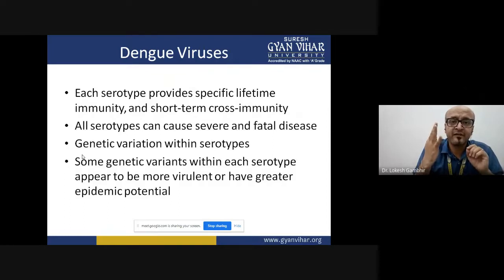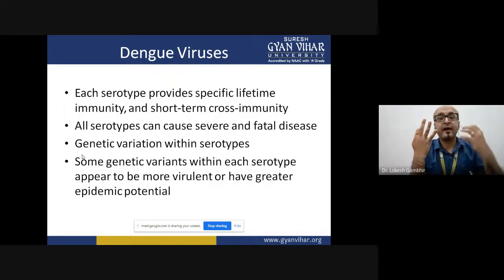So what I meant is, I have four serotypes of dengue. Suppose I got infected with den 1. I took medication and I recovered. When I recovered, I now have the antibody repertoire and the memory repertoire in my immune cells, so that the next time den 1 infects me, I'll be able to mount a response and eliminate it.